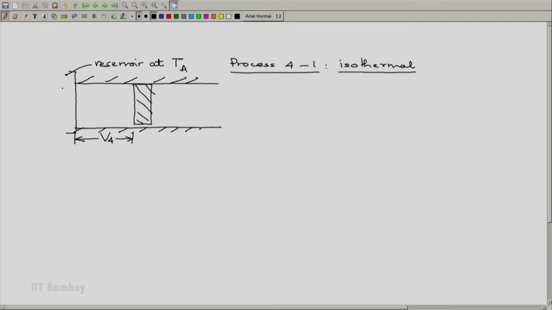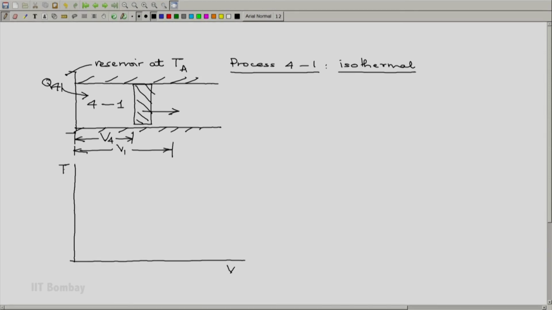Heat will be absorbed as the piston expands from its initial state at volume V4 to its final state at volume V1, heat absorbed is say Q41 and the state changes from 4 to 1.